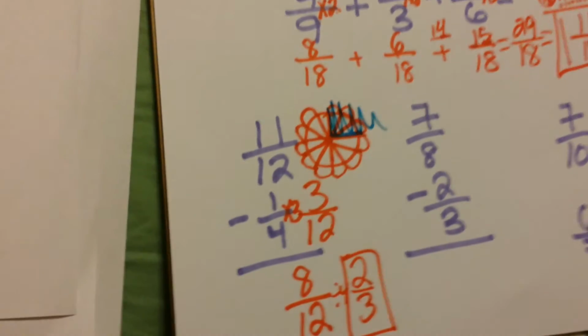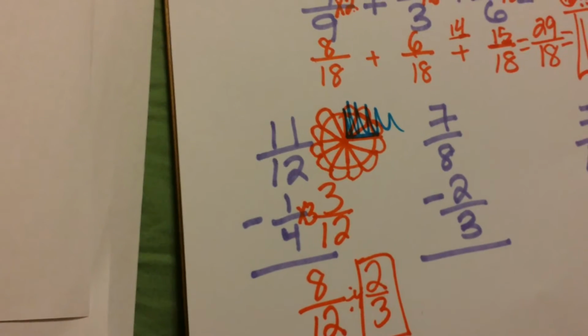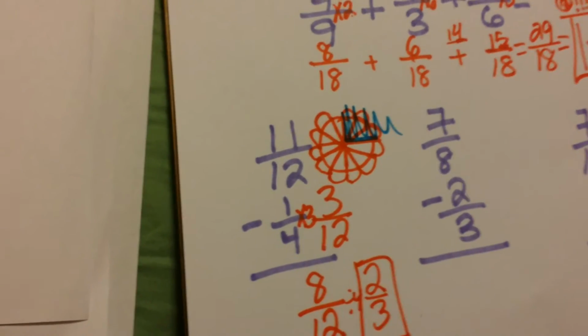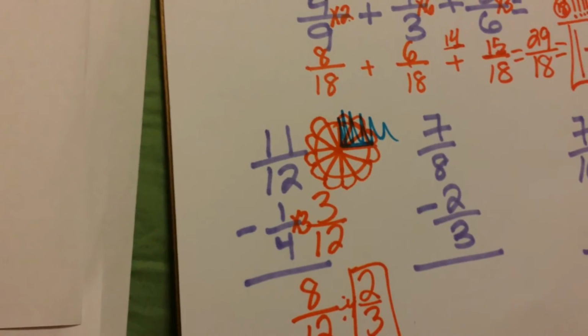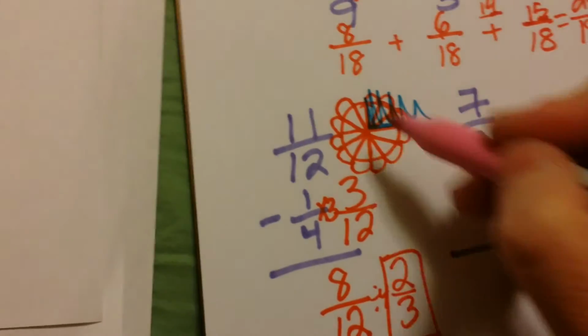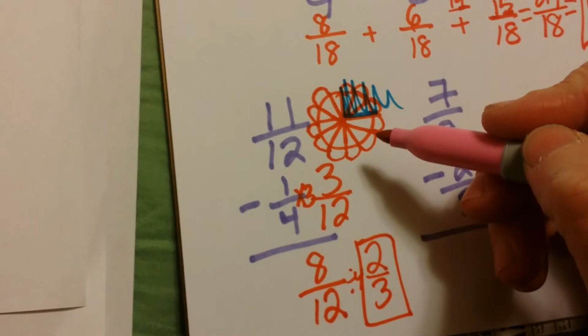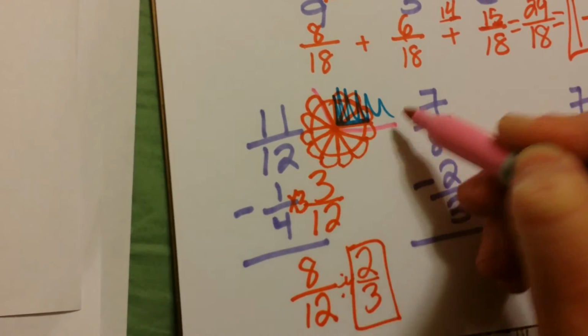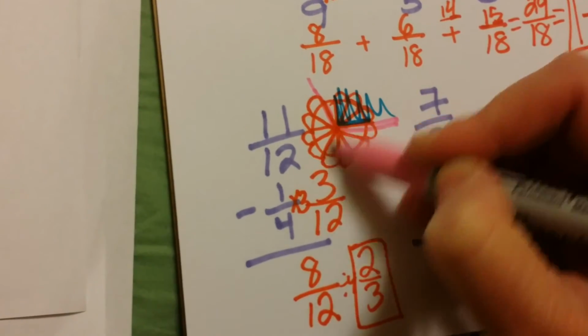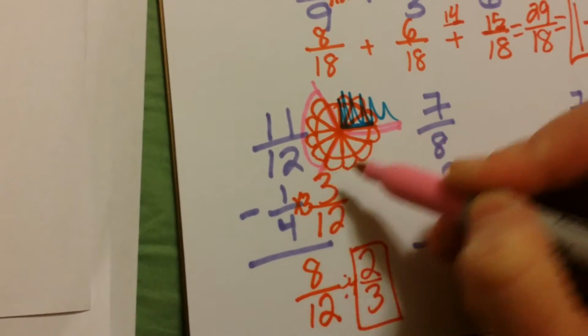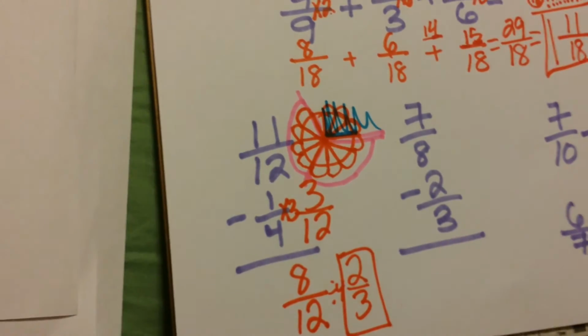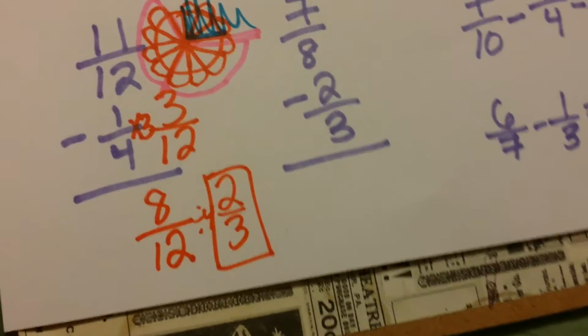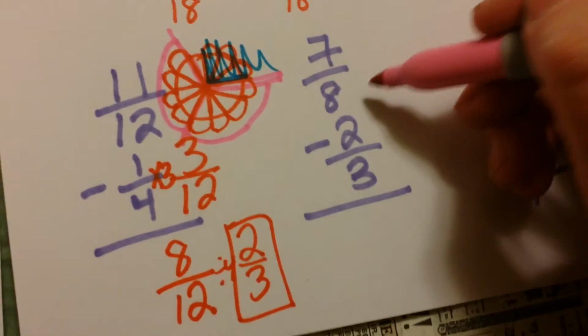That gone. Then you still have this left here. But if you split that like this, then you would have 2/3 left over.